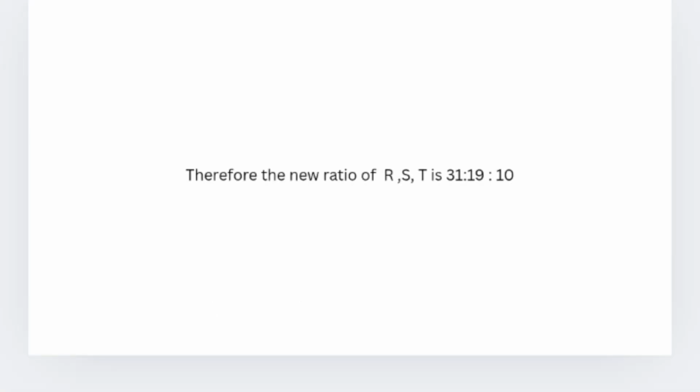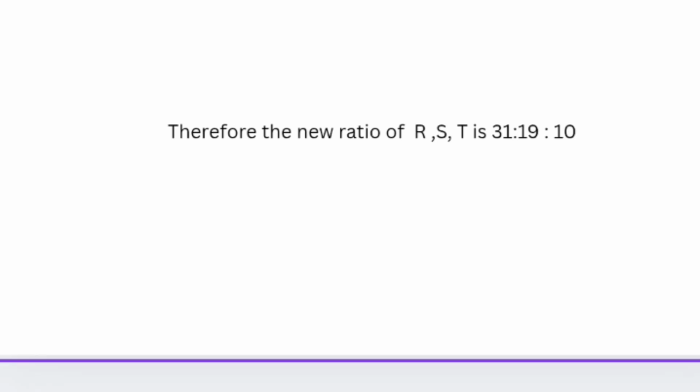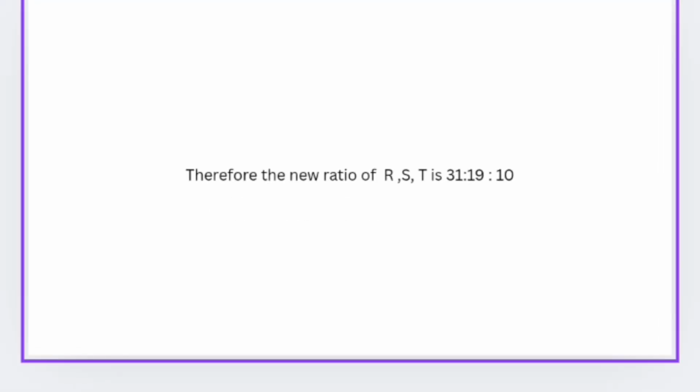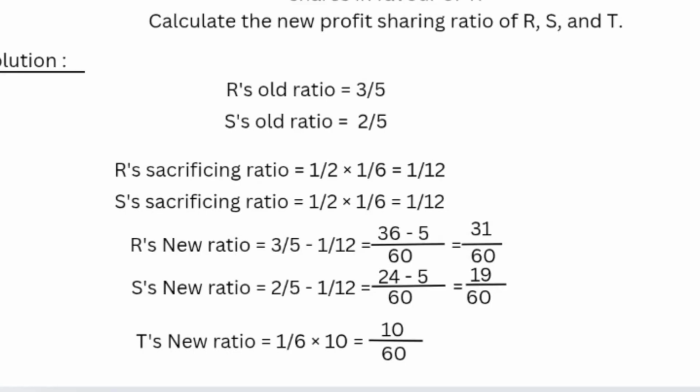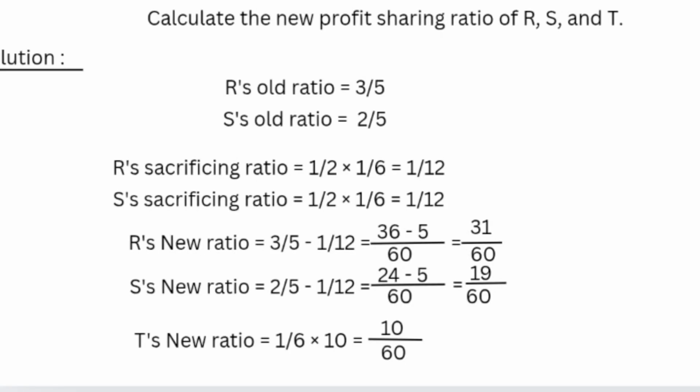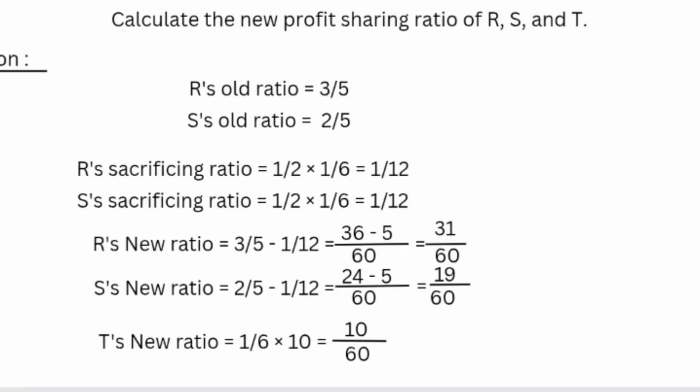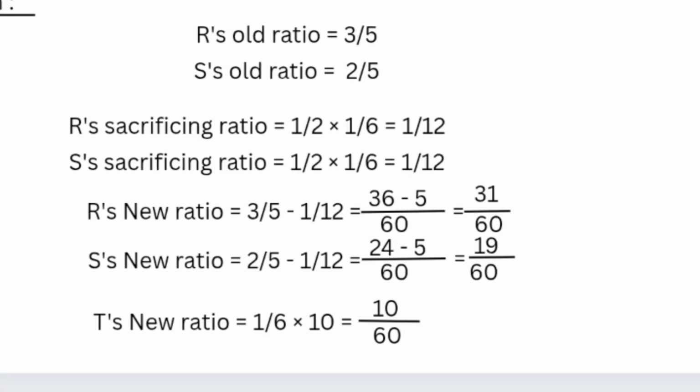I hope you understand this one. Our old ratio for R is 3 by 5. You can see 3 plus 2 is 5, so 3 by 5, and S's old ratio is 2 by 5.